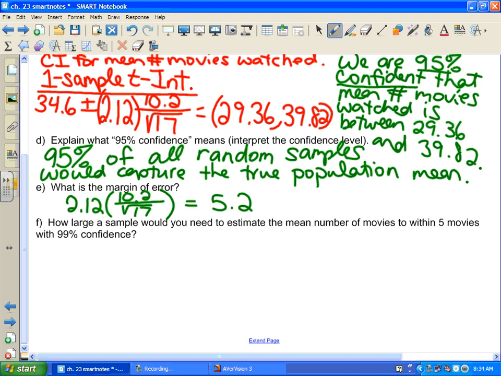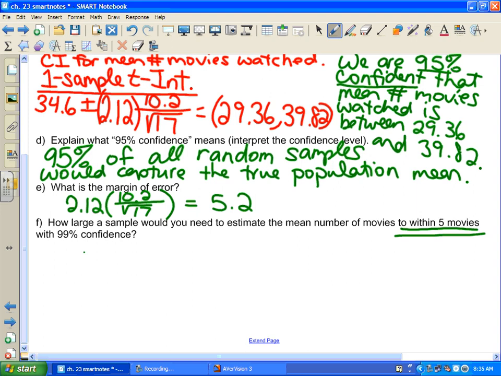Okay, last one. It asks, how large a sample would you need to estimate the mean number of movies to within 5 movies with 99% confidence? So, if we're going to estimate to within 5 movies, what is that? The margin of error.